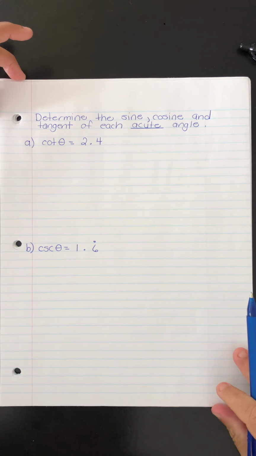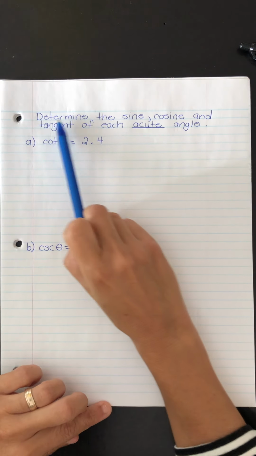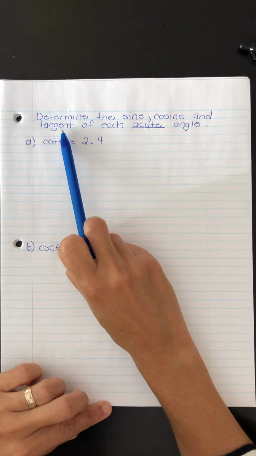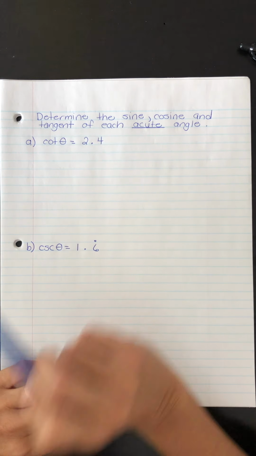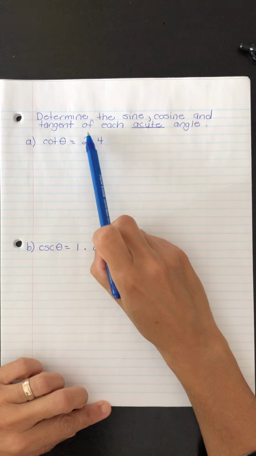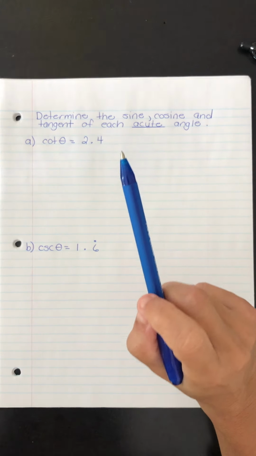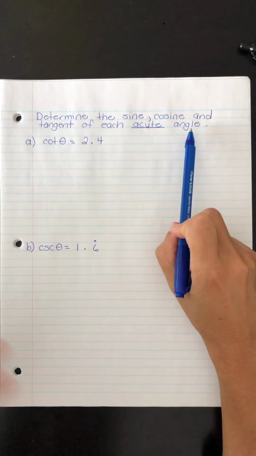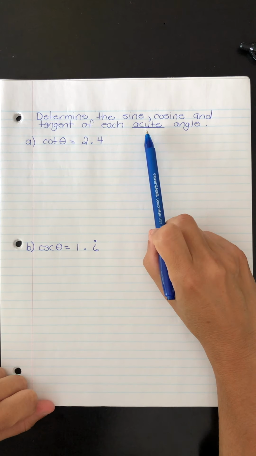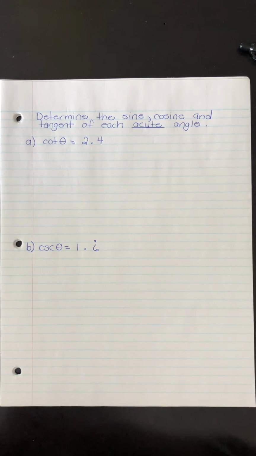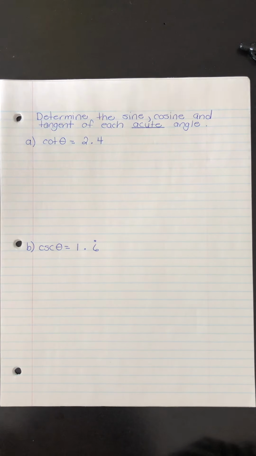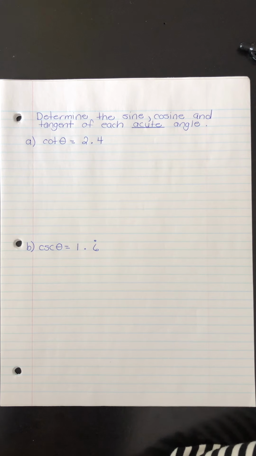Okay, now let's do these problems. Determine the sine, cosine, and tangent, so just the 3 main trig functions now, for each acute angle. And this, of course, is an important point. If we're talking about an angle that is acute, we mean an angle in quadrant 1, which means an angle between 0 and 90 degrees.